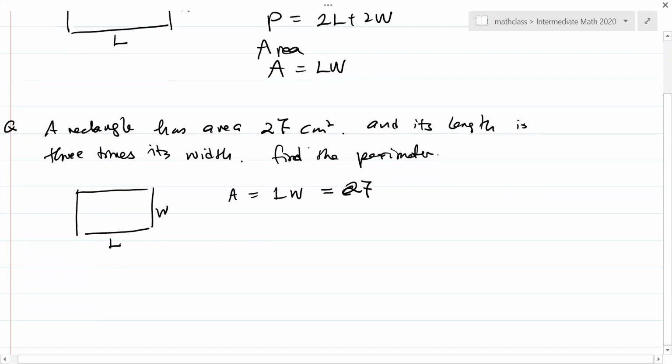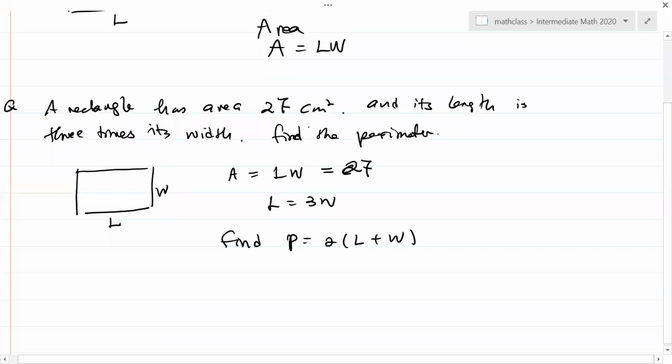That's the first step. Then you are also given the information L equals 3W. When you show the work, you have to show step by step all of this given. You want to find out the perimeter, so it's 2L plus 2W.